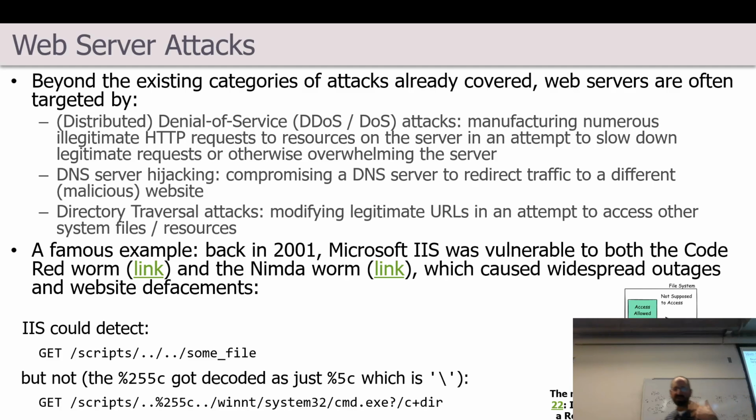In terms of the initial entry point for what these worms were effectively doing, it looked kind of like this. As part of our HTTP requests, we have this GET, which is on this server, maybe using this port or this mode, give me this resource, index.html. Well, of course, it could also traverse directories as associated with that.